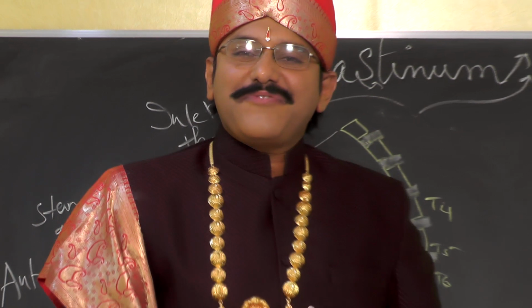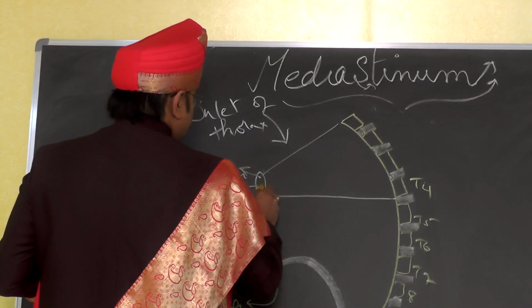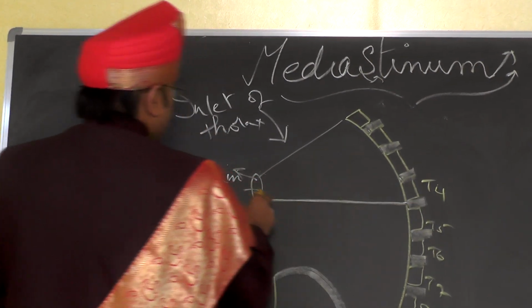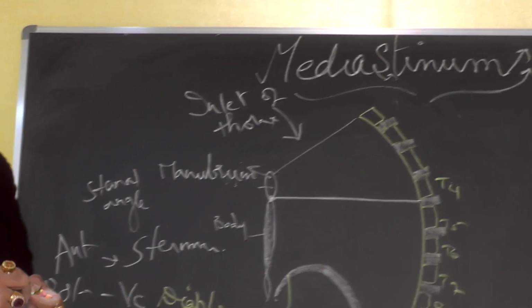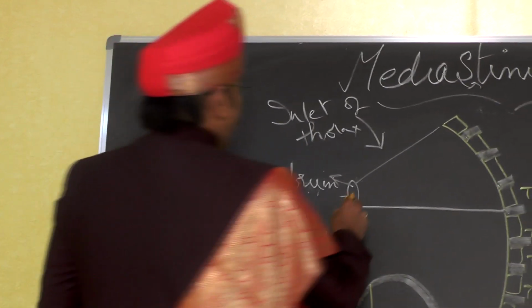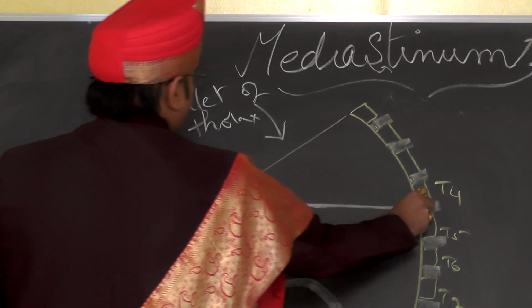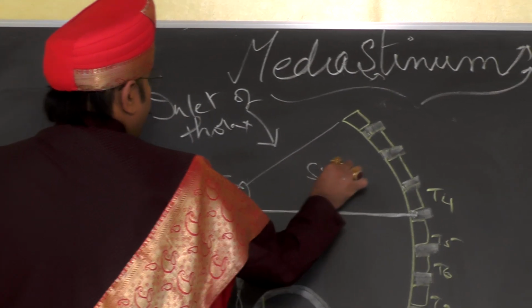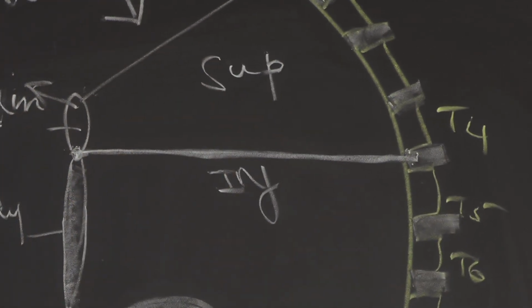And what are the divisions of the mediastinum? This imaginary line which is drawn from the sternal angle to the lower border of the 4th thoracic vertebra divides the mediastinum into superior mediastinum and inferior mediastinum.